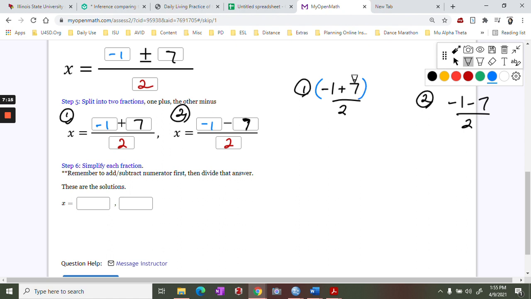So my -1 plus 7 is 6, and then divide by 2 to get 3. And then my -1 minus 7 is -8 divided by 2, and that gets me -4. So my solutions are 3 and -4.